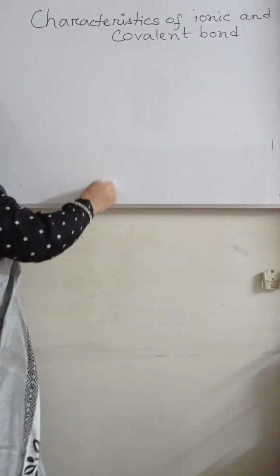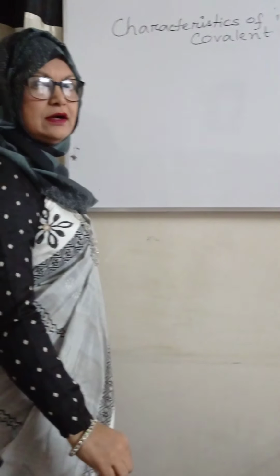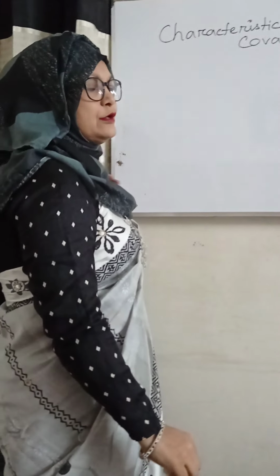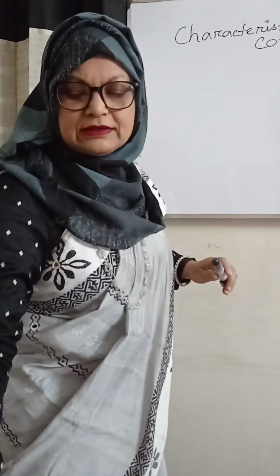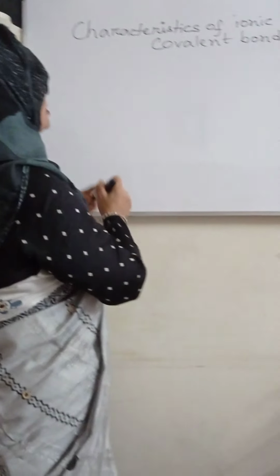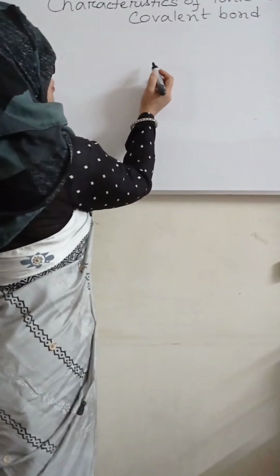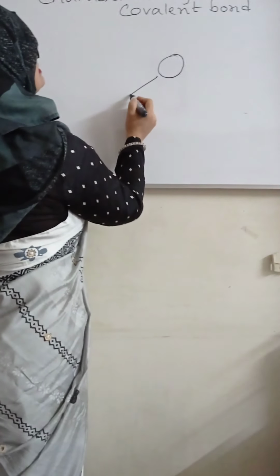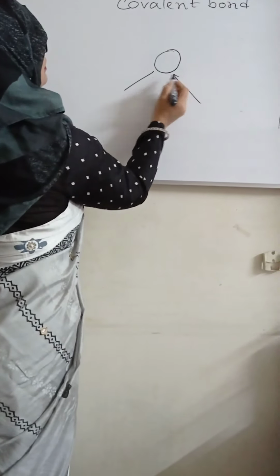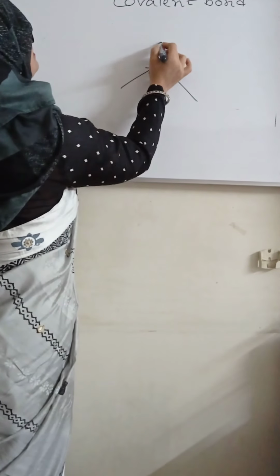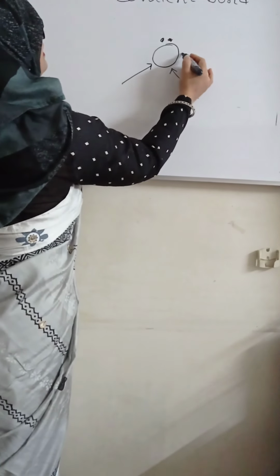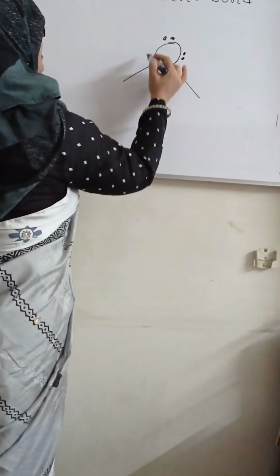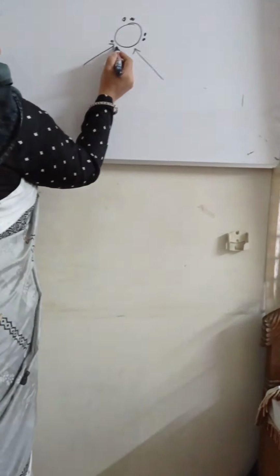Why are ionic compounds and some covalent compounds soluble in water? The reason lies in the structure of water. Just like this is the structure of water, and this is the outer shell of oxygen.